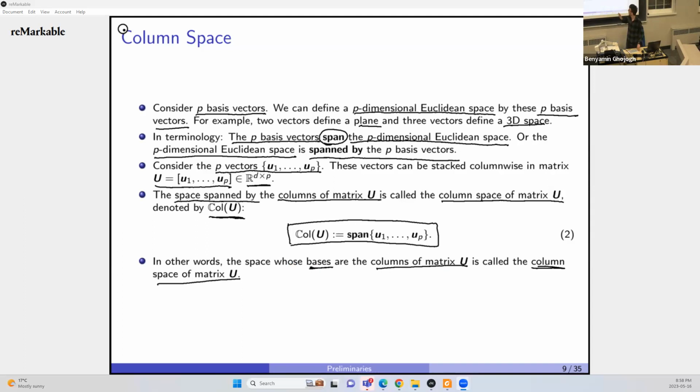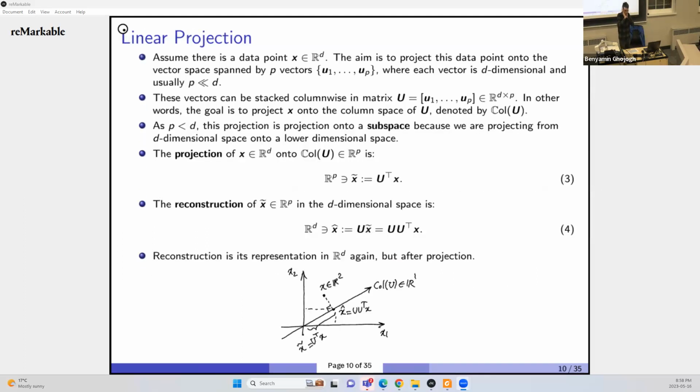This slide talked about column space. Now, let's talk about linear projection. Assume there is a data point, X, a d-dimensional data point. The aim is to project this data point onto the vector space spanned by the P vectors U1 to UP.